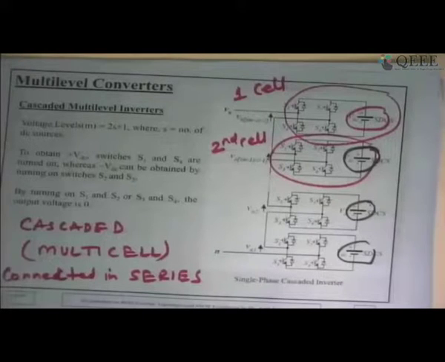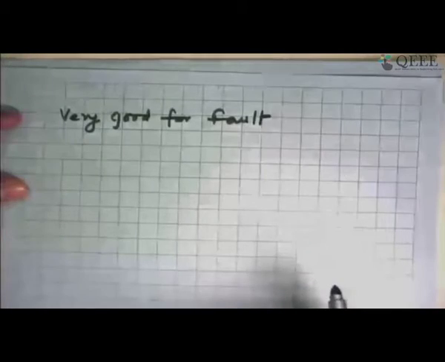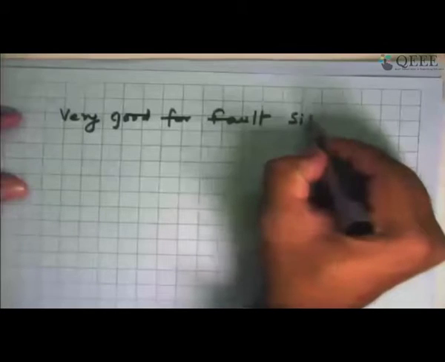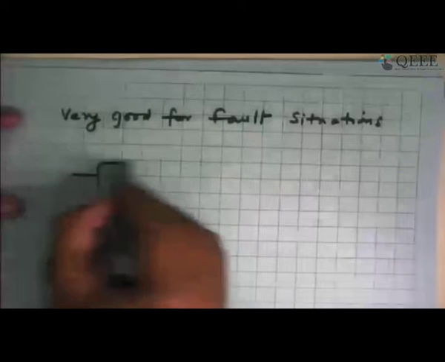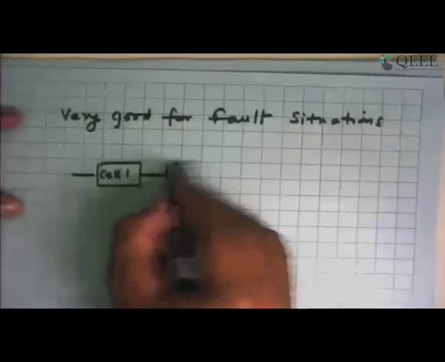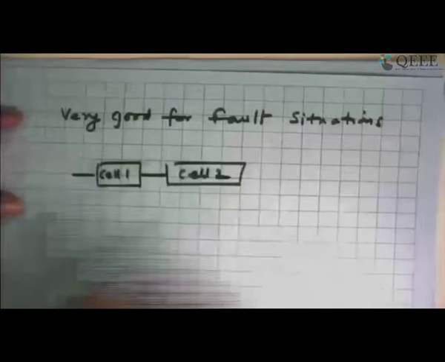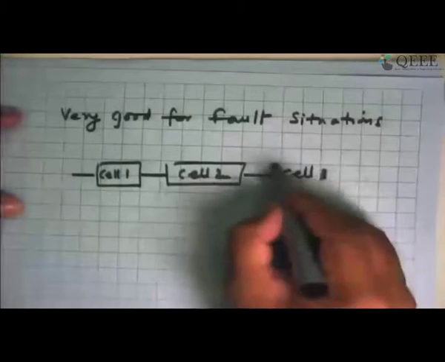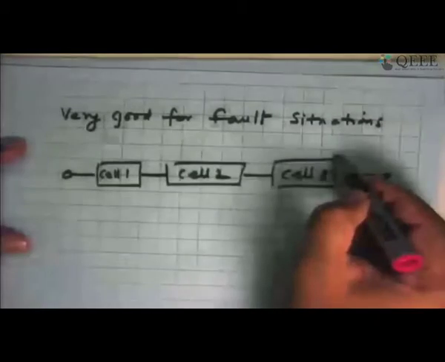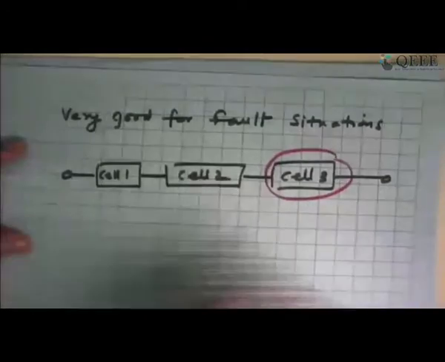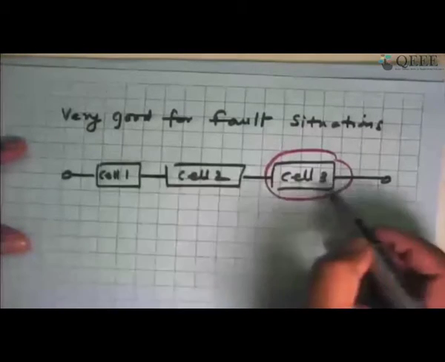But there is a big advantage also. Let's say there is a fault in one of the cells. So if there is a fault in this cell, it can be shorted.